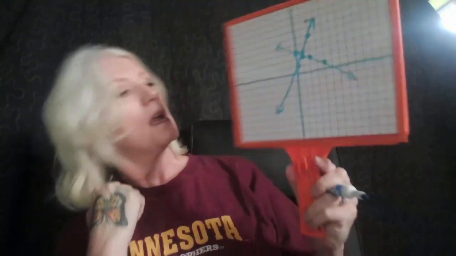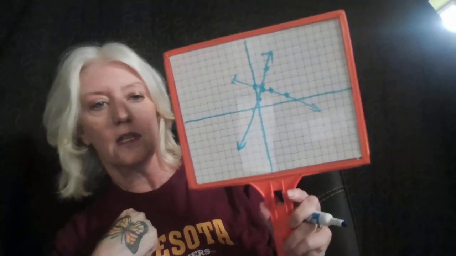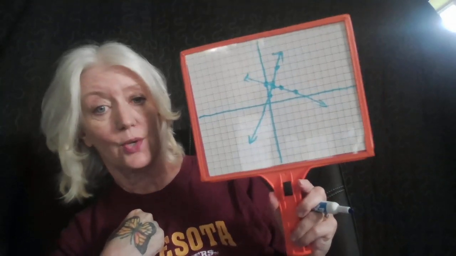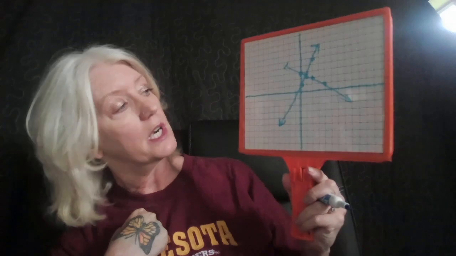Go to 3. Go down 1 over 2. Draw my line. And hey, you can see that these are perpendicular because my slopes were 2 and negative 1/2. That's cool. We proved that before.